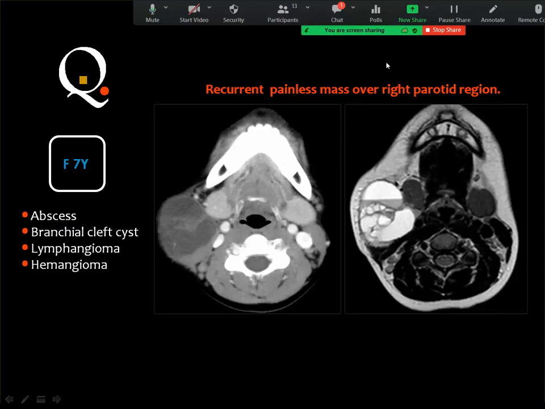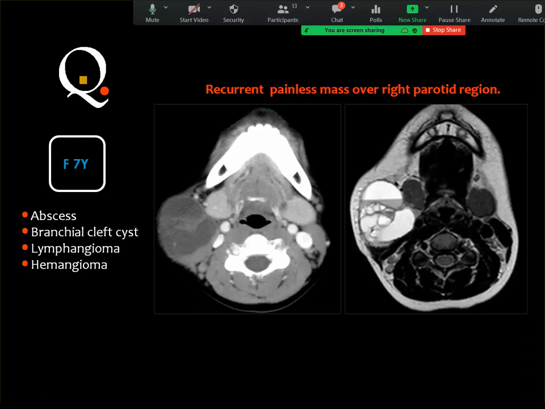Next case is a patient with a cystic mass in the neck, and this is the CT with contrast, and this is MRI with T2 weighted images.